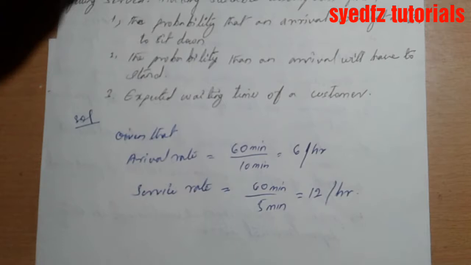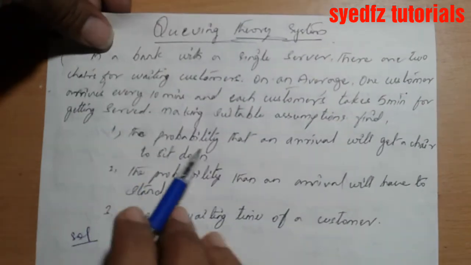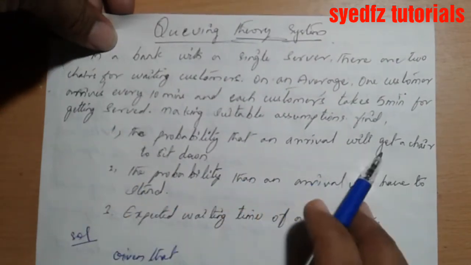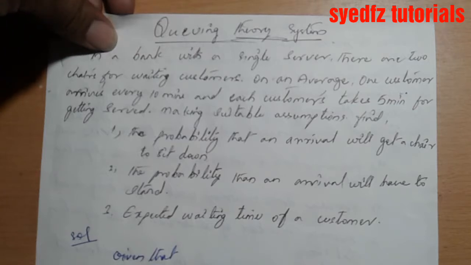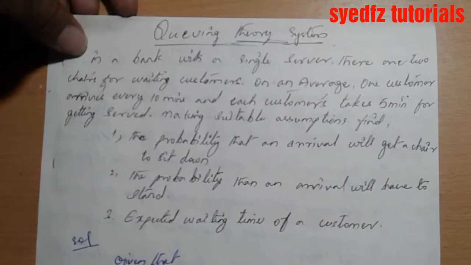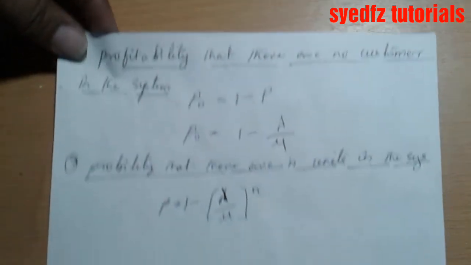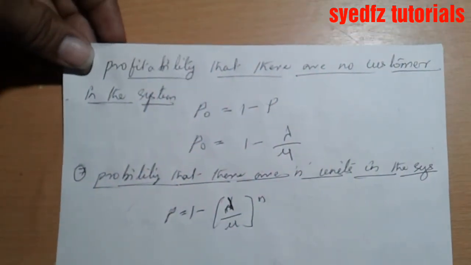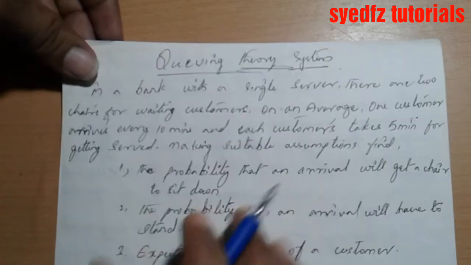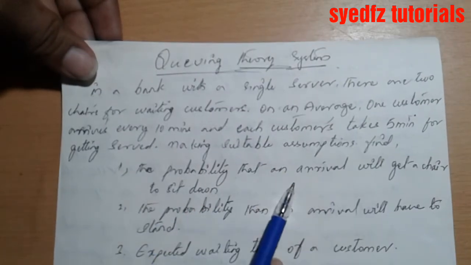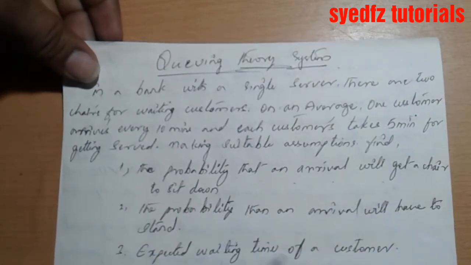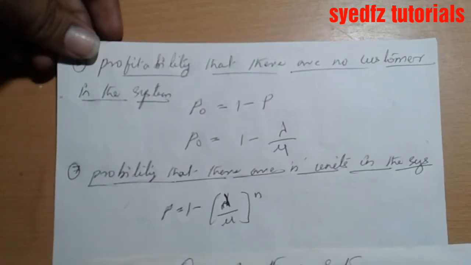Now first, what we have to calculate is the probability that an arrival will get a chair to sit down. So we have to look at the formulas in probability. This is the probability formulas. The question is the probability that an arrival will get a chair to sit down. So what are the chances?